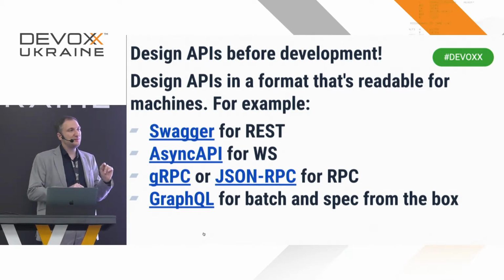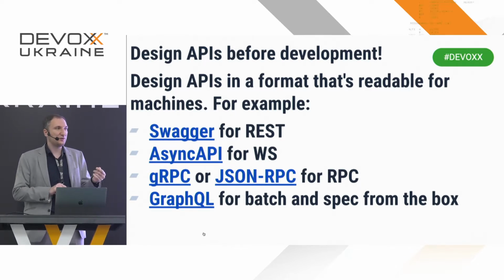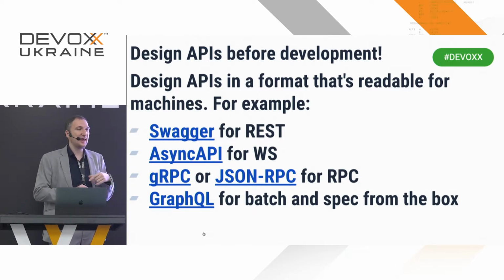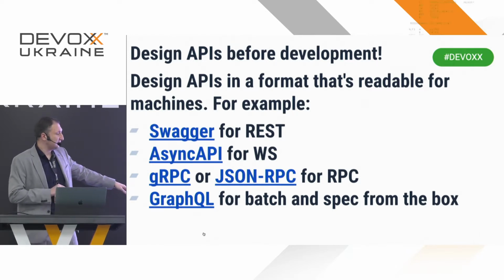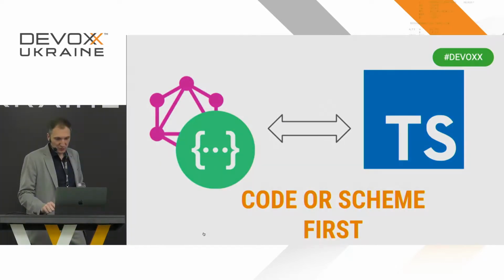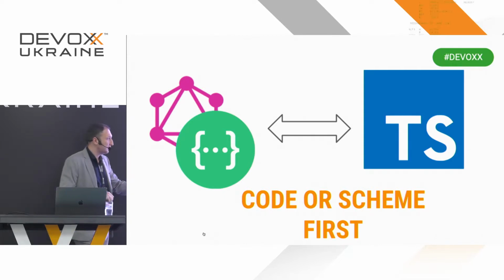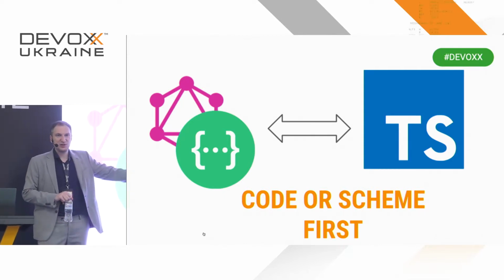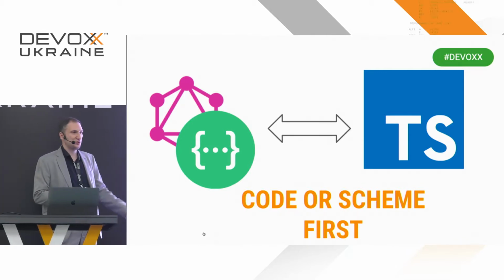And this specification-first approach provides you the ability to talk with front-end guys in interface language, because any of these specifications requires you to describe your payload. As a result, you can easily compile any of them to TypeScript definitions. If your front-end team doesn't use TypeScript, push them to use that.